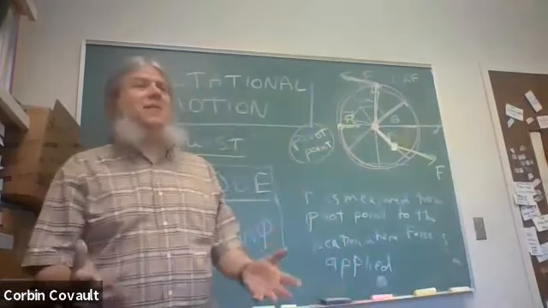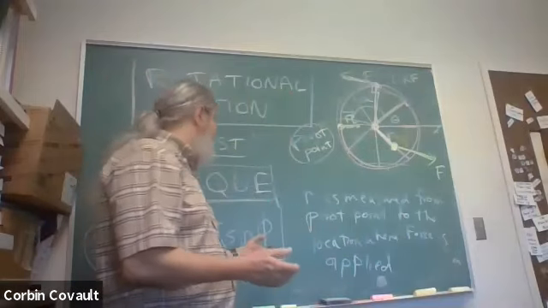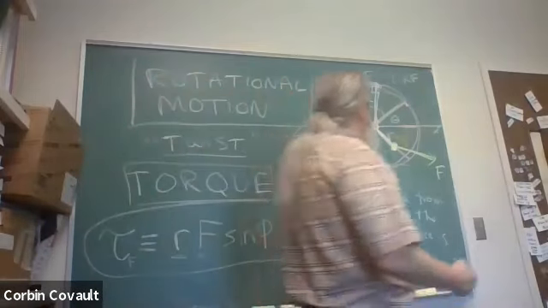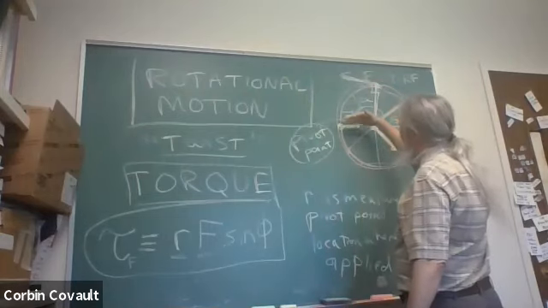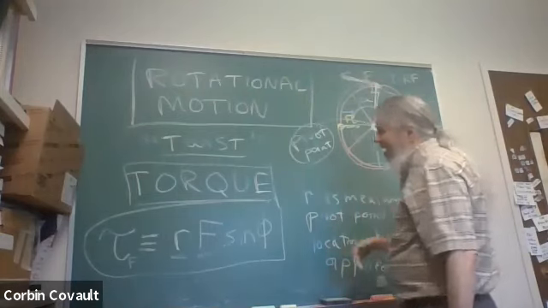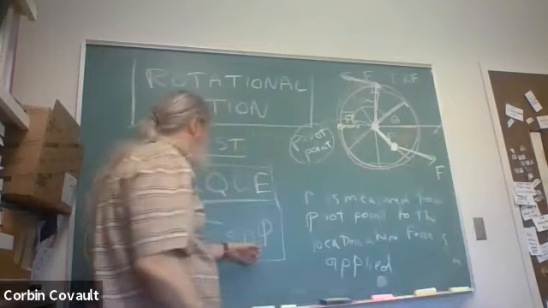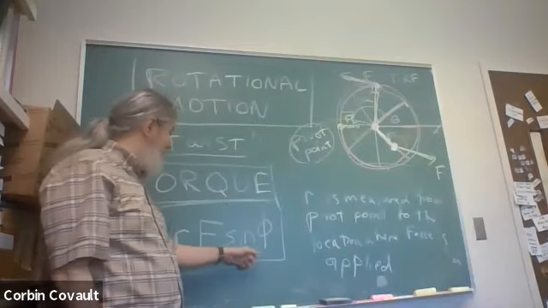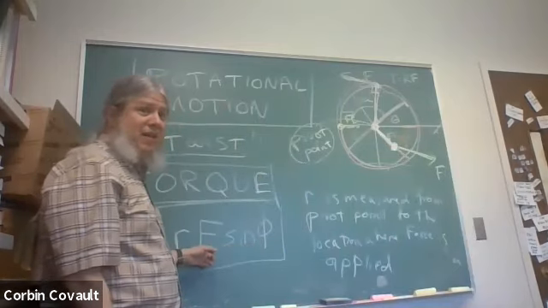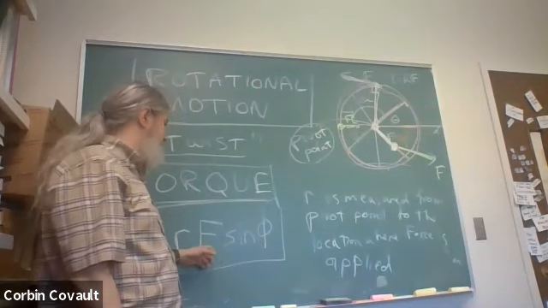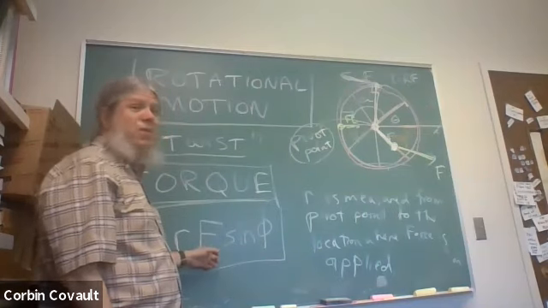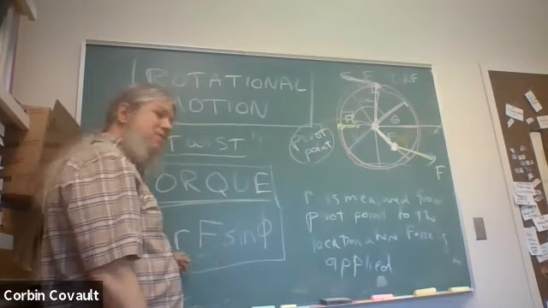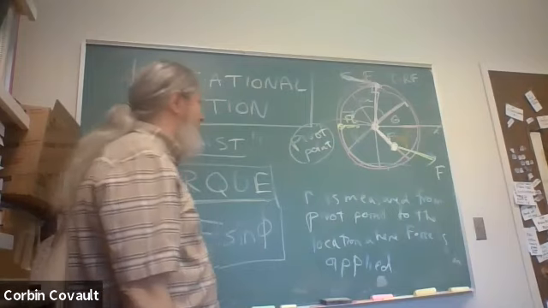So most of the time in the problems that you set up, I either give you the angle or you inspect and see that the angle is either 90 degrees or 0 degrees, whatever it is. So calculating the angle is usually pretty straightforward. The force is usually given, or if it's not given, it's an unknown in the equation that you'll get to later. And usually the tricky part is making sure you understand what R is.